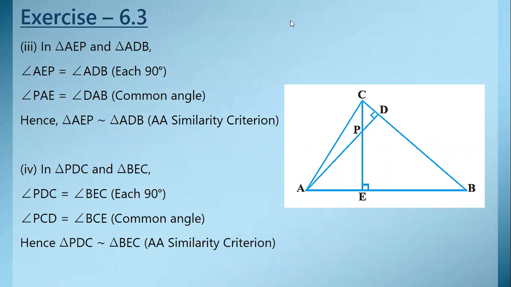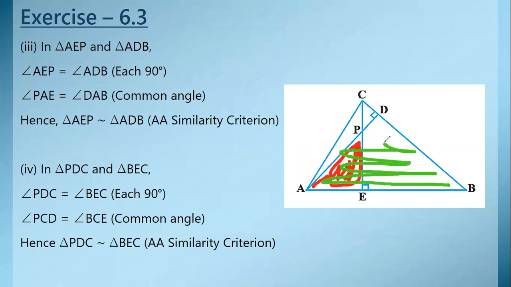Now, for the third one, we have triangle AEP and triangle ADB. This triangle, and we have ADB, the bigger one also. So this is a common part which we have over here.